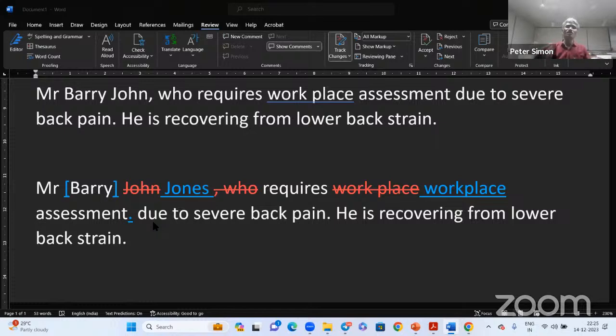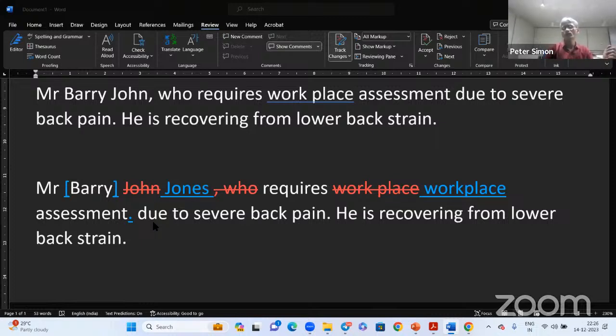So, if he has a severe back pain, how can he go for work in the first place? How is that apt or appropriate? How is it right? No way. He cannot work.